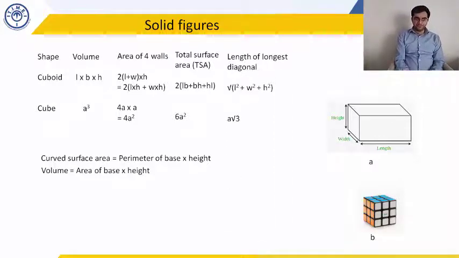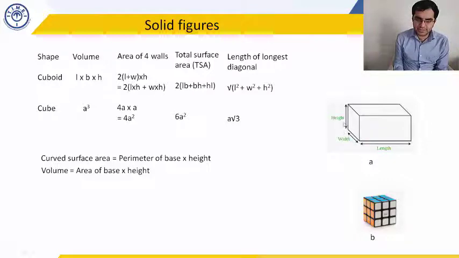Final item. What is the longest diagonal in a cuboid? But first, what is the longest diagonal? It would be from this point to this point. That would be the longest diagonal. Or it would be from this point to this point.